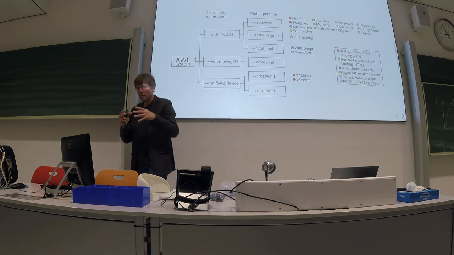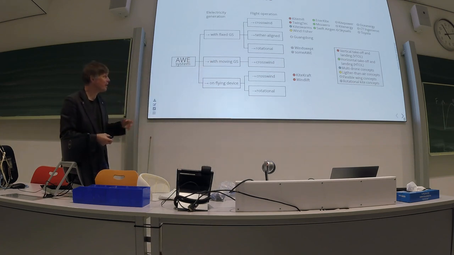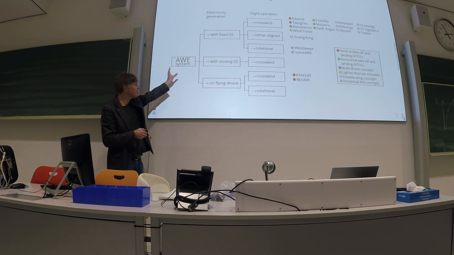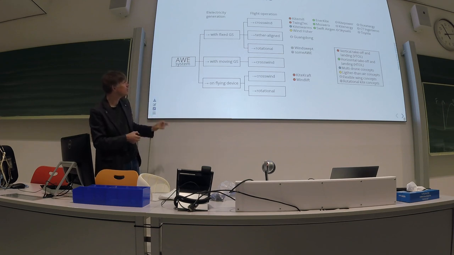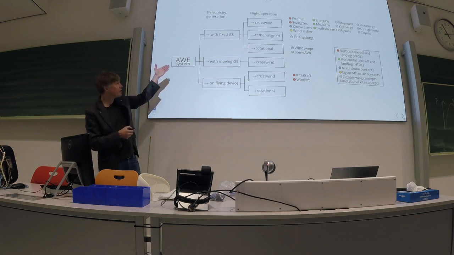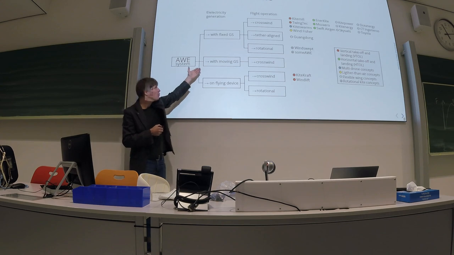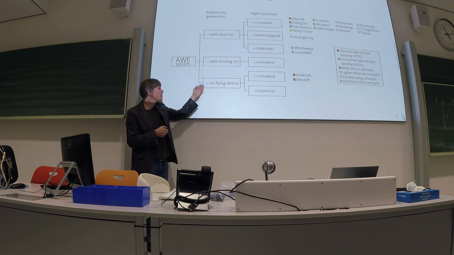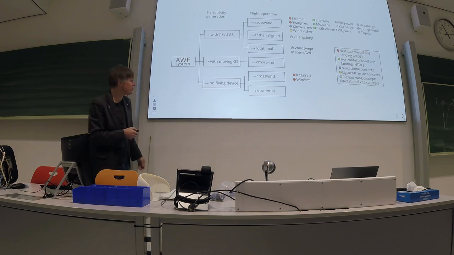Then we put this scheme together, and this is one option that you could think of. Let's say here we start with the basic system, then we differentiate according to the electricity generation with a fixed ground station on the ground, a moving ground station on the ground, I have not mentioned this yet, or energy generation on the flying device.